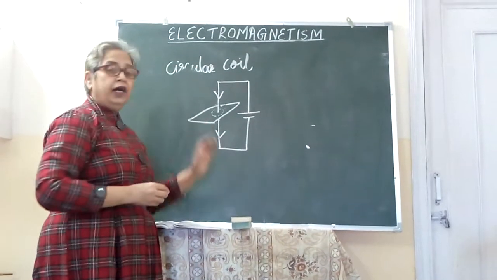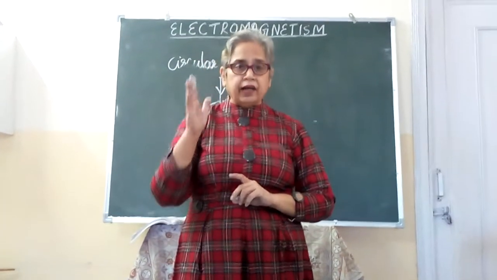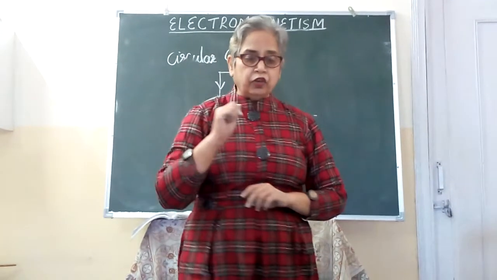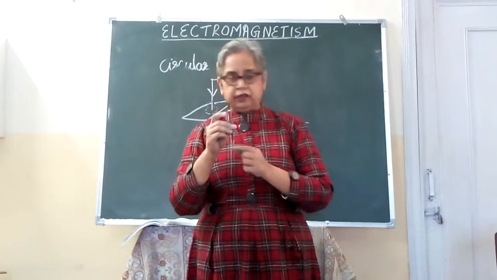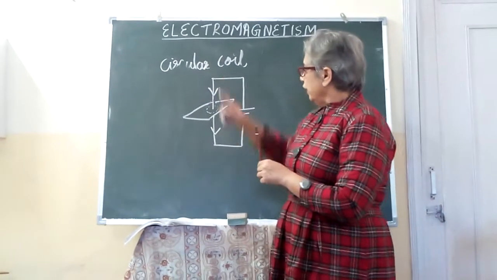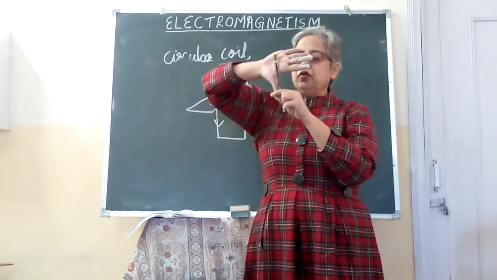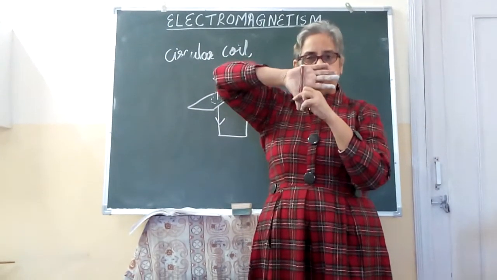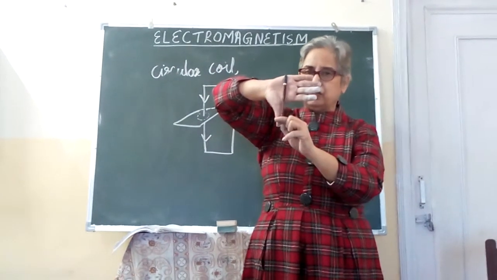Now how to find the direction of this field line? This is done by the right hand thumb rule. Now what is the right hand thumb rule? Let us think that this is a current carrying conductor, just like this, and you see the current direction is from top to bottom. So you have to hold the conductor in the right hand such that the thumb points in the direction of current.